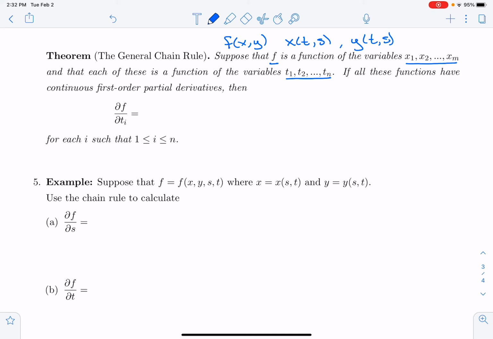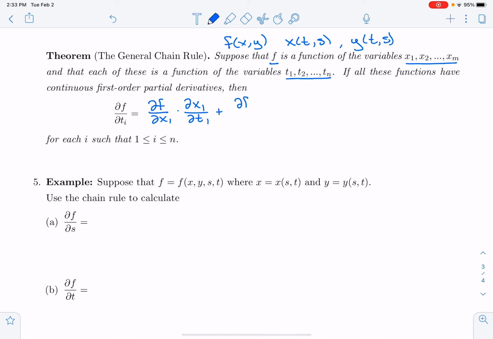So I just want to figure out what is the derivative of f with respect to one of those t variables. Well, it's going to be partial f with respect to x1, that first variable, times dx1 dt1. Notice that's a partial derivative because now x1 is a function of several variables. So it looks kind of the same.